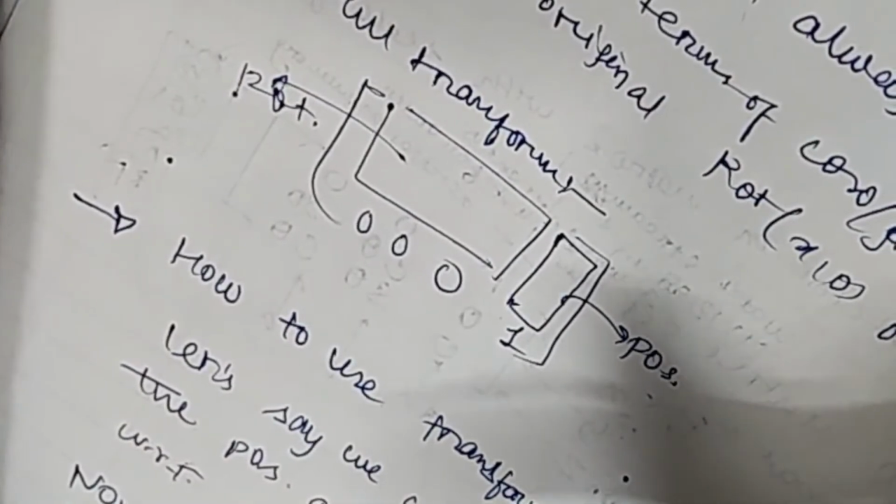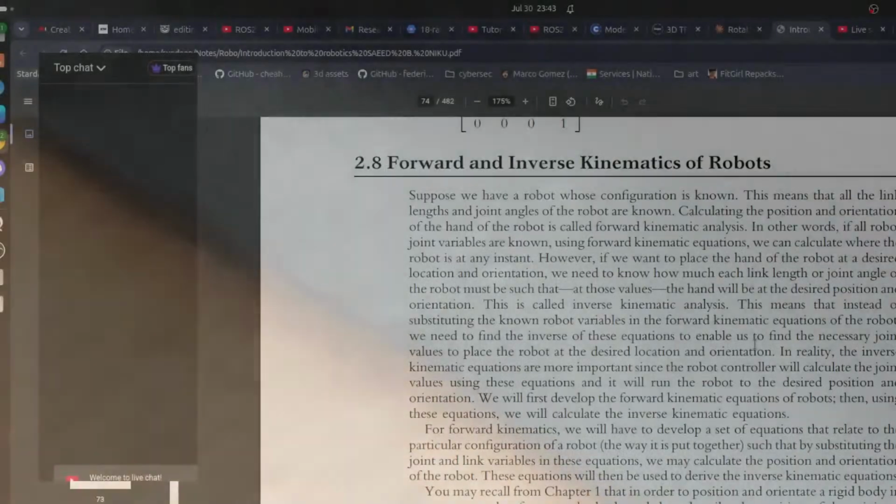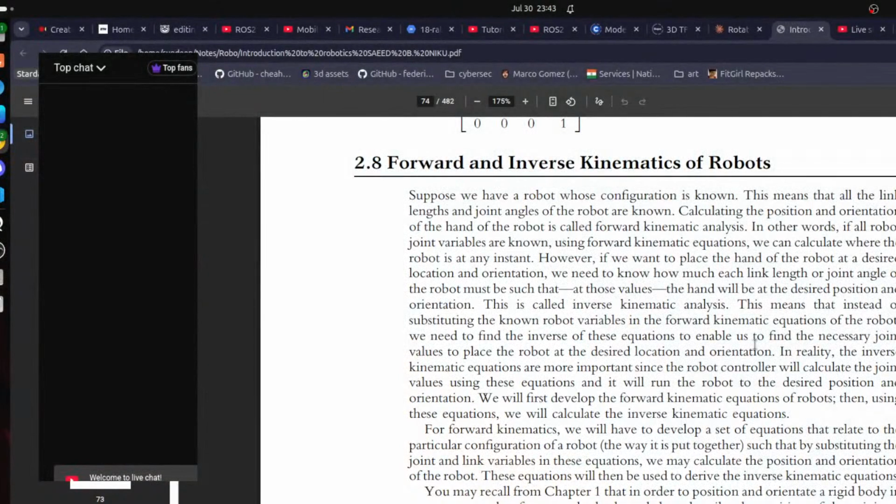Forward and inverse kinematics. Suppose we have the robot whose configuration is known. This means that all link lengths and joint angles of the robot are known. Calculating the position and orientation of the robot is called forward kinematic analysis.